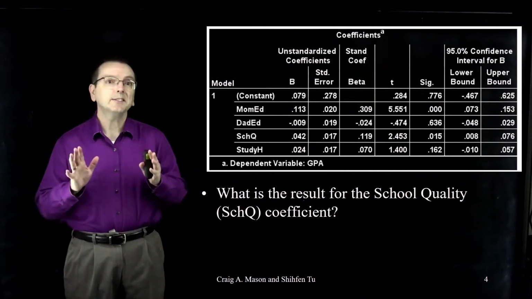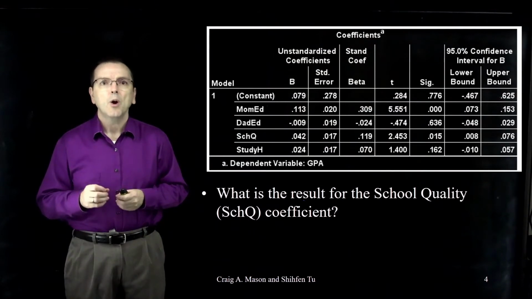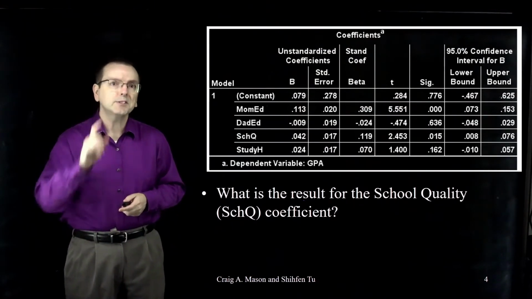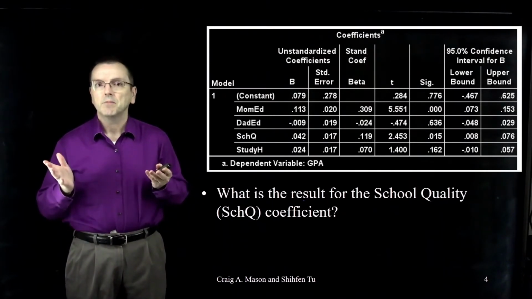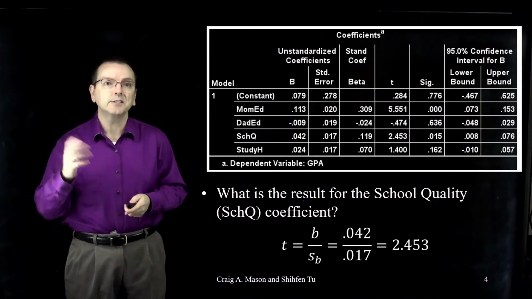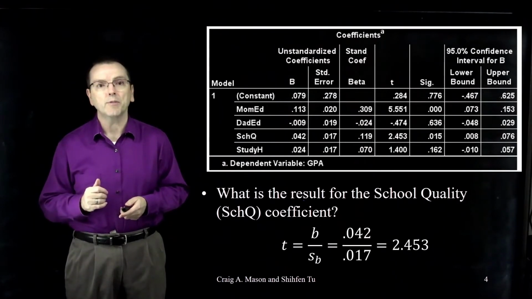Now, looking at this output and thinking back to some of our previous videos, what's the result for school quality focusing on the unstandardized coefficient? Well, the formula for t is b, the unstandardized coefficient, divided by the standard error of the regression coefficient.